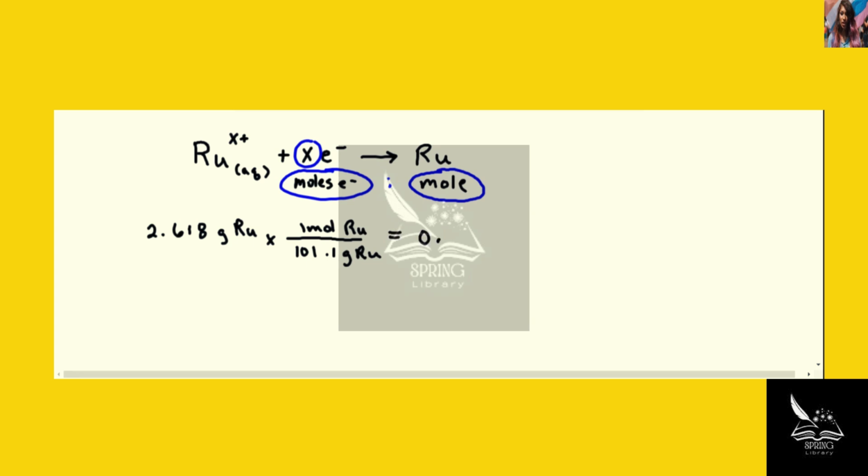This gives me 0.0258 moles of the ruthenium. All right, so X is going to be some whole number multiple of this. It could be 1, 2, 3.